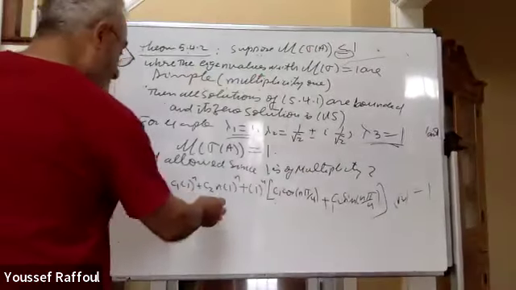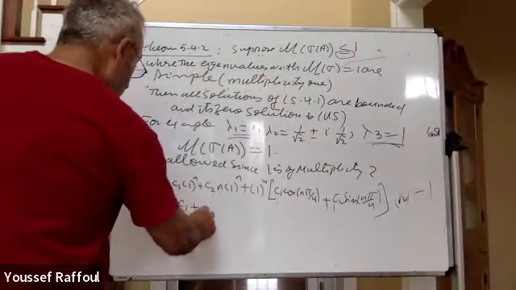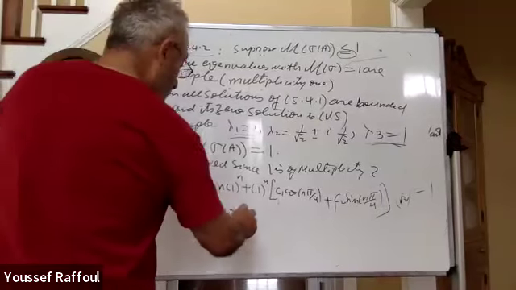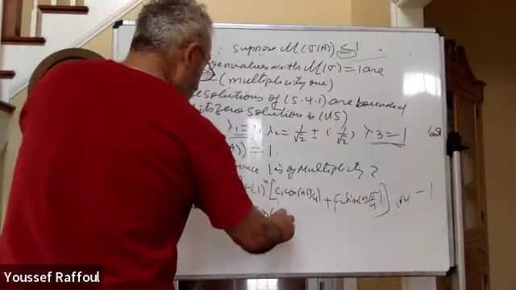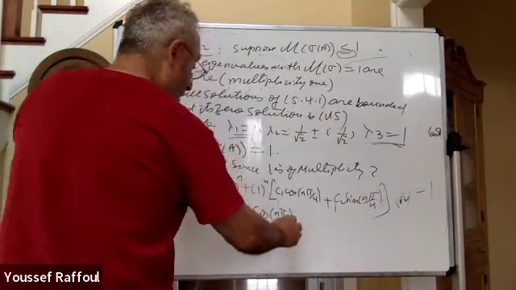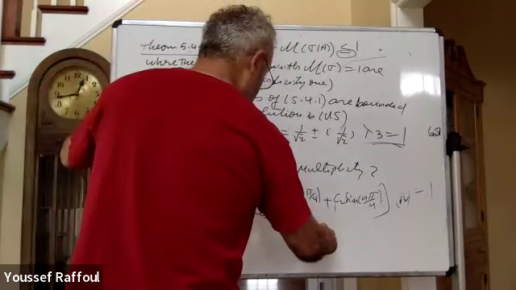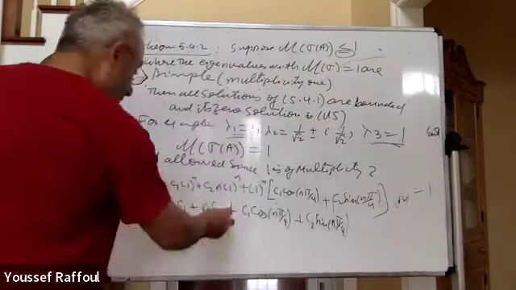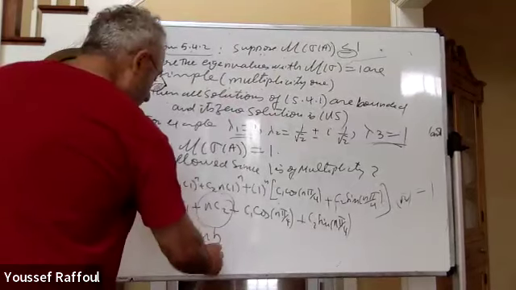Well, you see, so that is C1 plus n C2 plus C1 cosine n pi over 4 plus C2 sine n pi over 4. Because of that, it is unbounded.